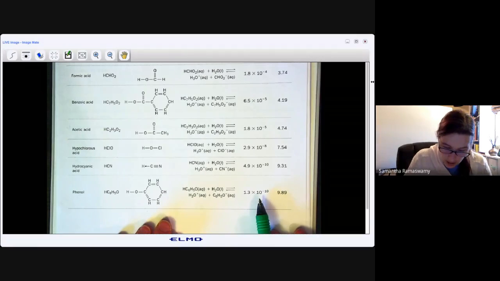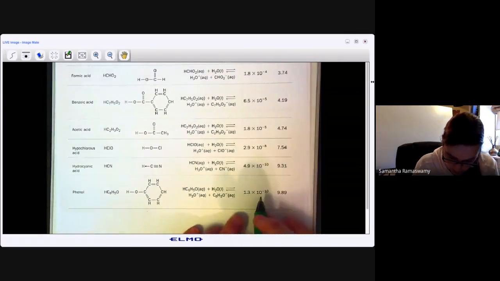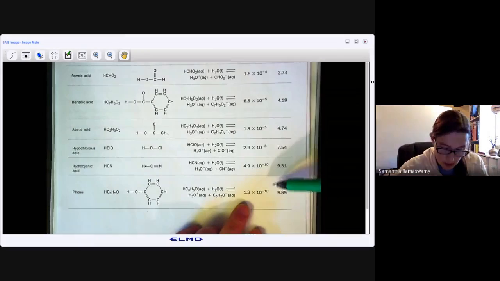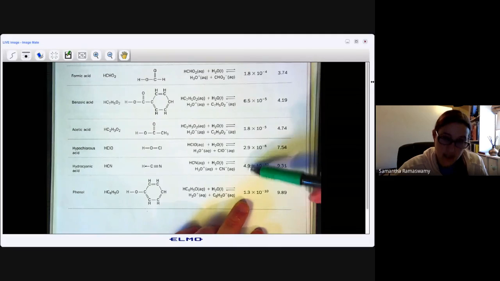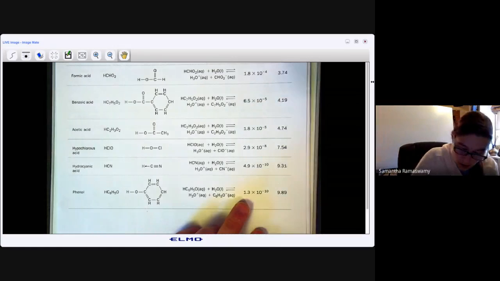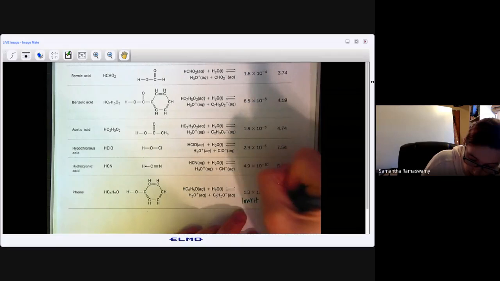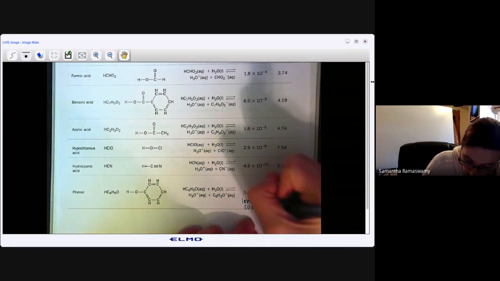So down here, 1.3 times 10 to the negative 10, that's actually the smallest value on this entire table. Because yes, these are both times 10 to the negative 10, but 1 is less than 5. So phenol has the lowest Ka. So that means out of this table, it's the weakest acid.